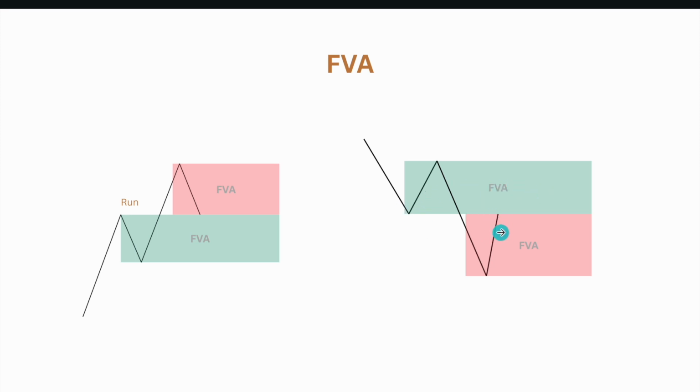It may retrace deep into this fair value area based on whether it is offering a fair value or seeking liquidity. If it is seeking liquidity, it can retrace back to some swing high, right? That is how the fair value area works.